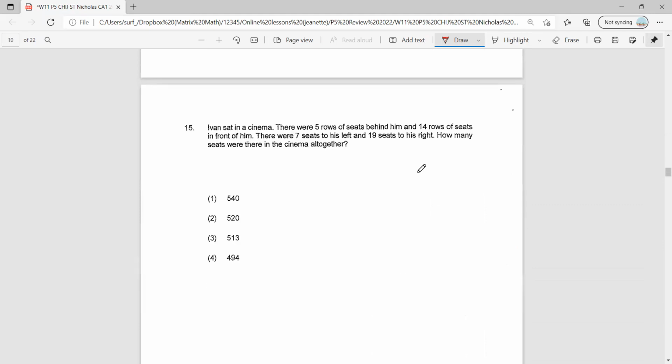Okay, let's look at 15. Ivan said in a cinema there were 5 rows of seats behind him and 14 rows of seats in front of him. There were 7 to his left and 19 to his right. How many seats were there altogether? This is Ivan. In front of him, 14, behind him, 5.